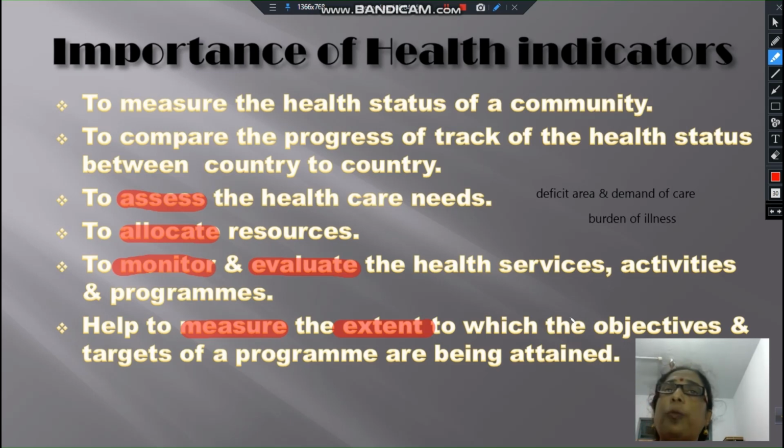Or in the polio program, percentage of coverage, that means how many children have taken their polio vaccine, that denotes the program's success or failure. So it helps to measure the extent to which the objectives and targets of a program are being attained.